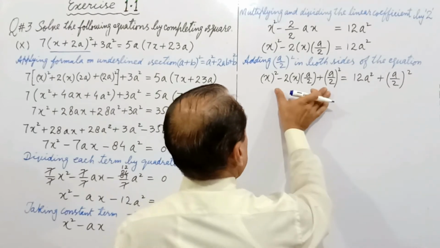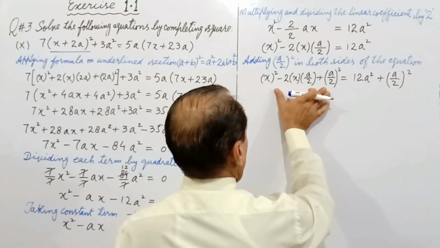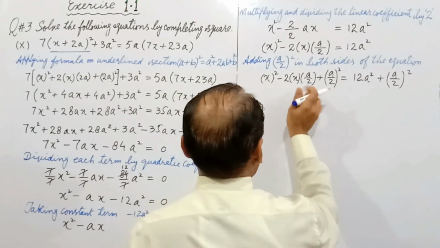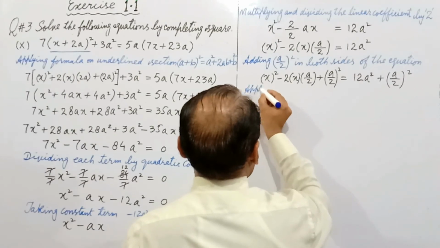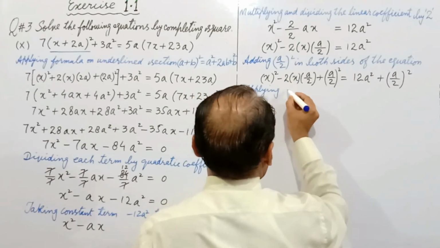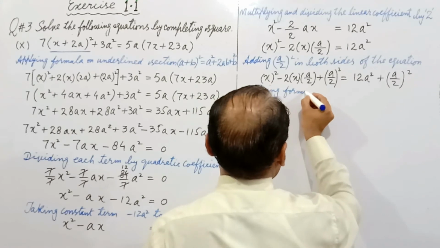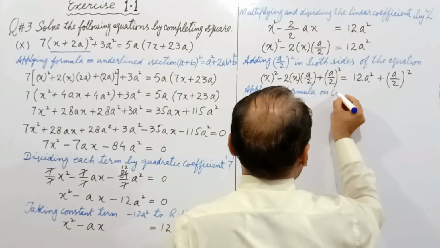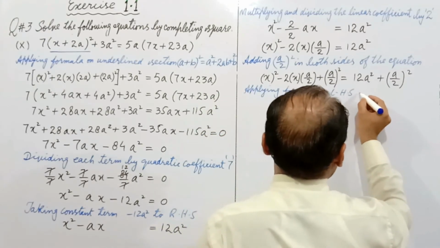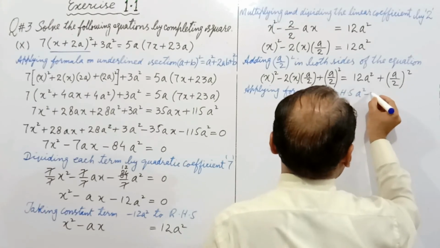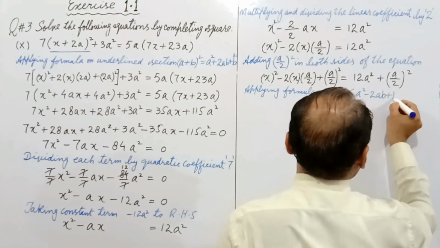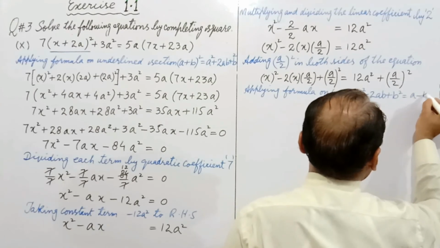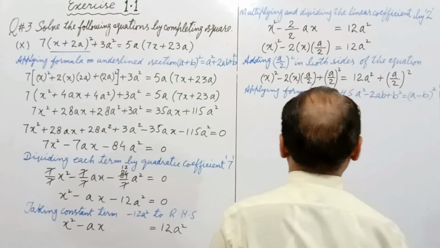To convert this expression into a perfect square, we have to apply a formula on the left hand side. The formula is a square minus 2ab plus b square is equal to a minus b whole square.